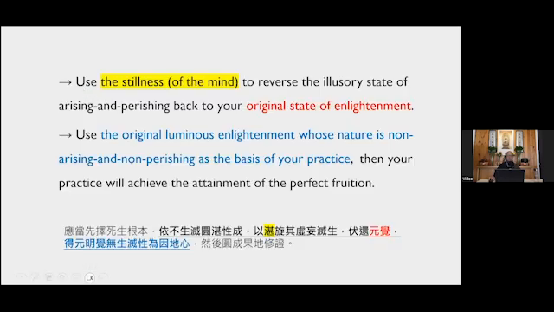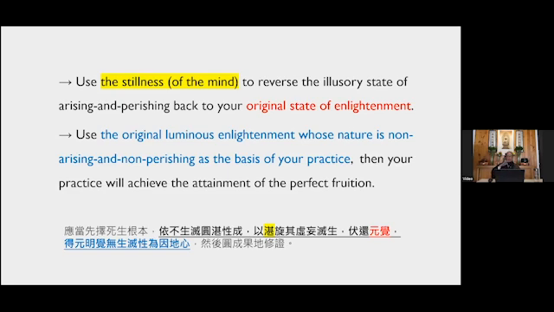Okay. And Buddha says one way to stop the 5 turbidities is to still the mind. Use the stillness of the mind to reverse the illusory state of arising and perishing back to our original state of enlightenment. So the previous part, the samatha practice, is very important.